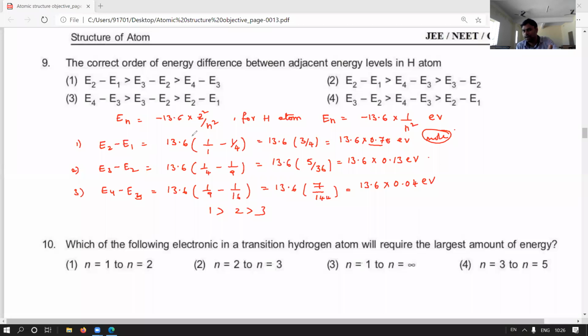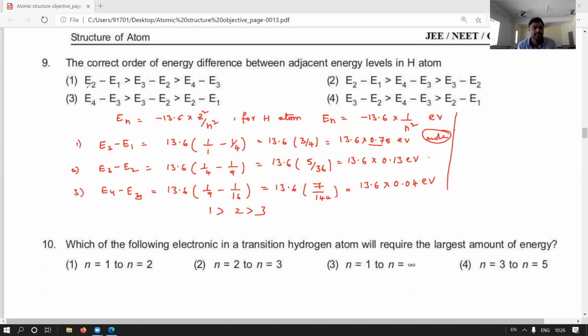It takes more time. But whenever this kind of question is asked, what is the shortcut method? In successive energy differences, in alternative energy levels they gave, the energy difference value decreases with increasing distance from the nucleus.